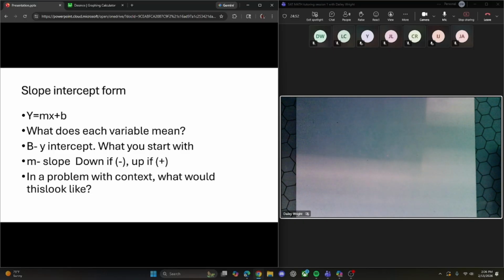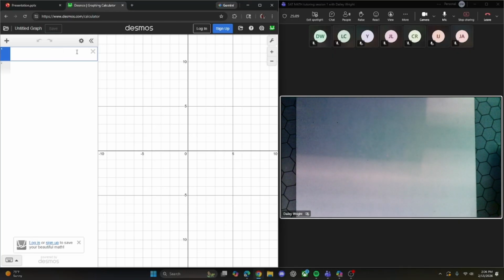So, what does each of these variables mean? B is the y-intercept. In problems with context, this is what you start with. If you have a graph here, let me go into Desmos. Let's say you have a graph that's y equals 7x plus 49.